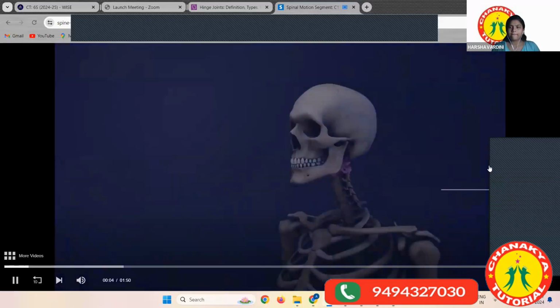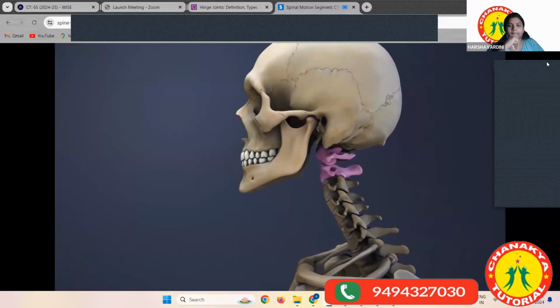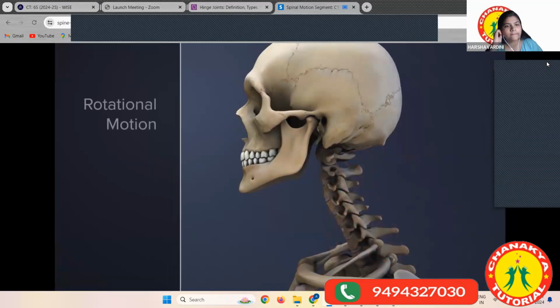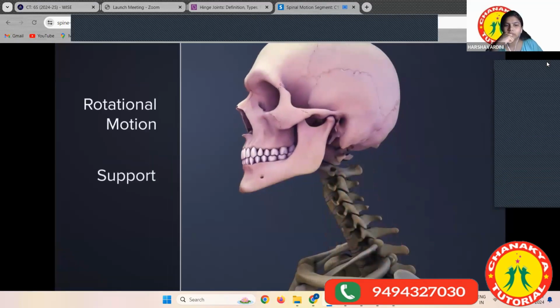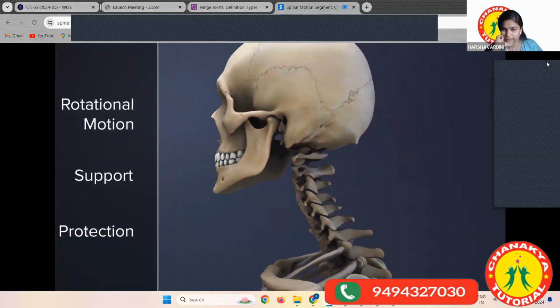The C1-C2 spinal motion segment, also called the atlantoaxial joint, is located in the upper portion of the cervical spine. It consists of the C1 and C2 vertebrae and the anatomical structures connecting them. This segment provides rotational motion, supports the head, and protects the spinal cord and nerve pathways.